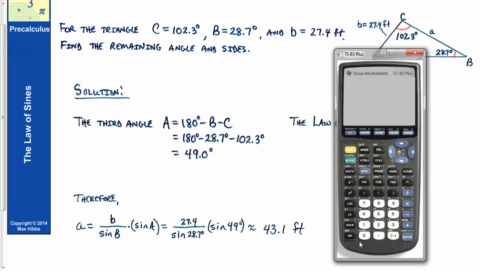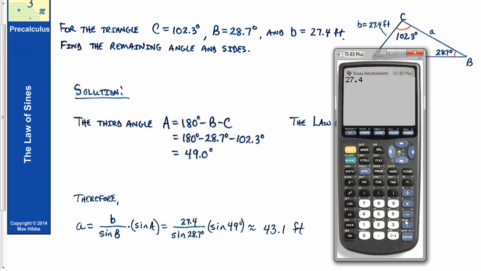So what I could say is, let's turn my calculator on. Let's clear it. I'm already in degree mode. I know that.